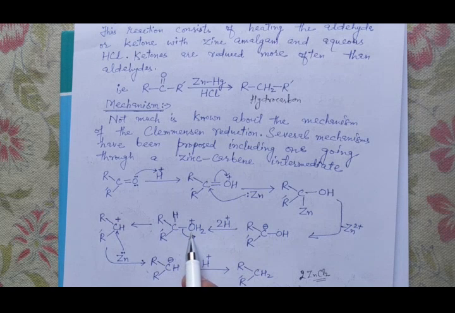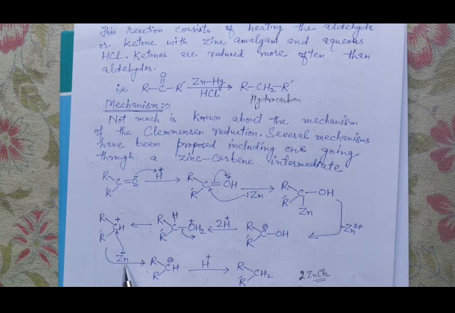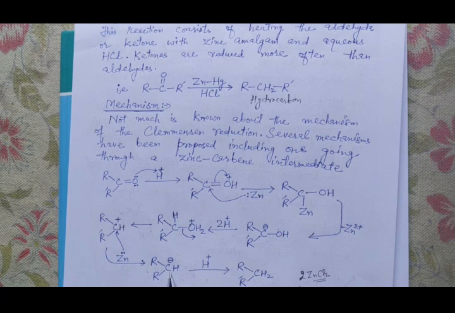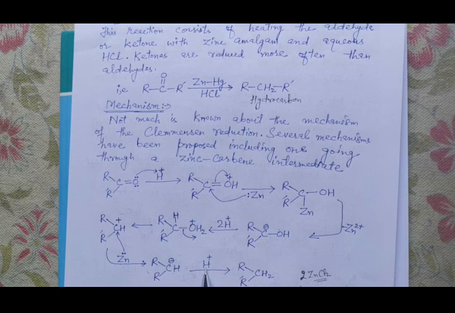Now since oxygen is more electronegative, it attracts the shared pair of electrons towards itself, again making this carbon positively charged, that is electron deficient, at which another zinc atom donates a lone pair of electrons, and zinc itself gets released as zinc 2 positive ion again, making this species a carbanion type species, which ultimately gains a proton from the medium, and this CH negative gets transformed into a methylene group, that is CH2, and we get a molecule of hydrocarbon.